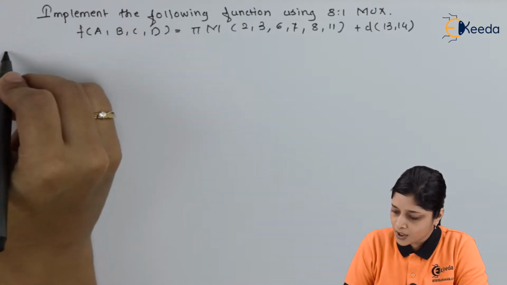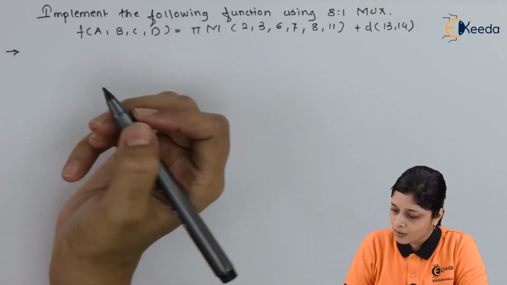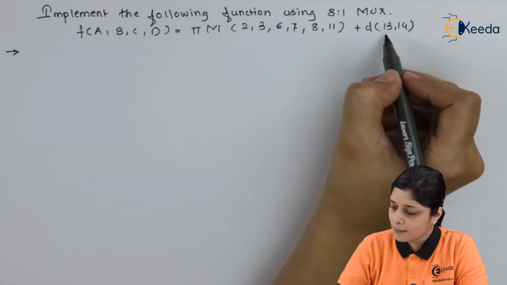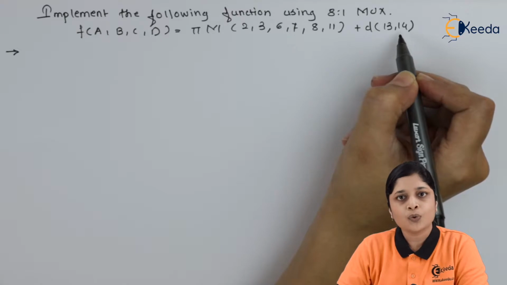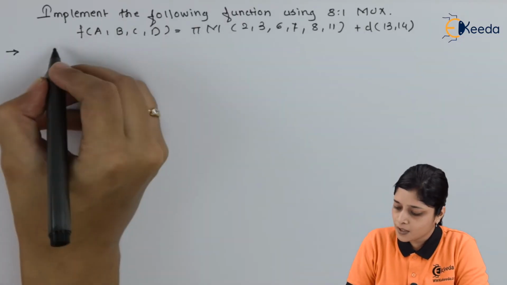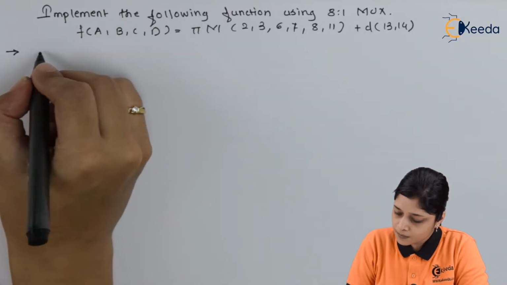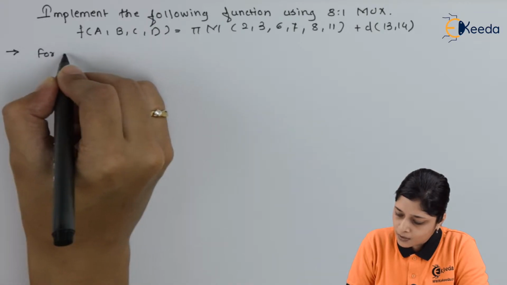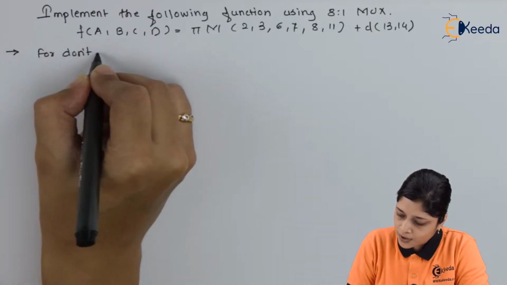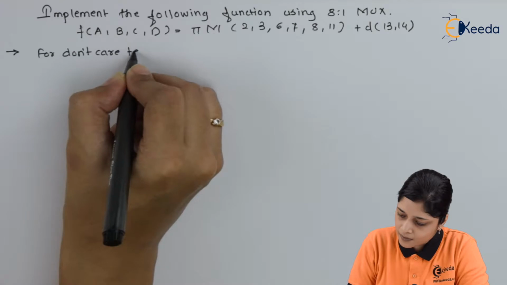So the first logic is here: you have to apply logic 1 to don't care terms, means assume logic 1 for don't care terms.